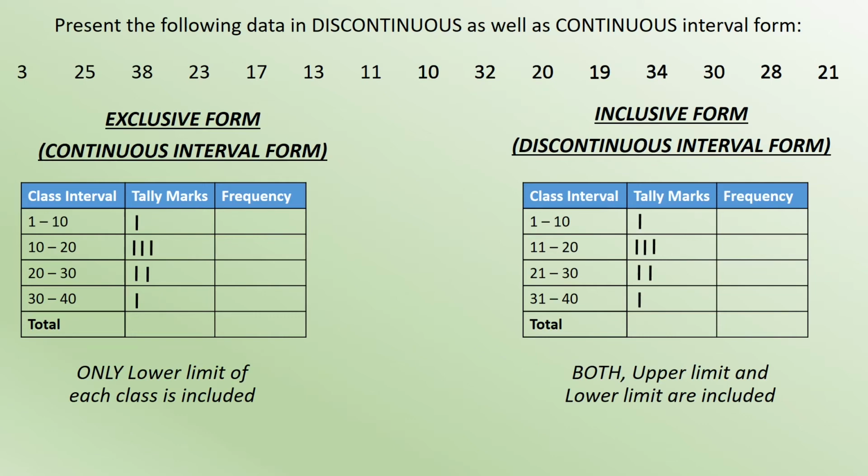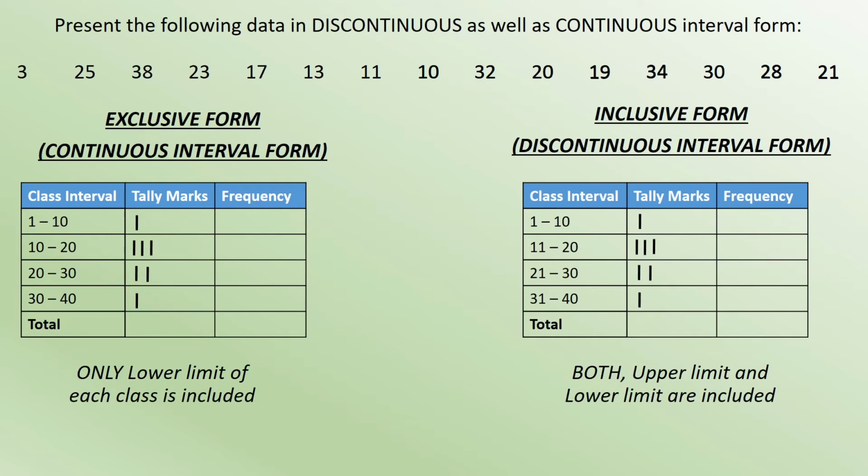Now as we have seen the difference between exclusive form and inclusive form, in exclusive form we are not counting, or we are excluding the upper limits. So for class interval 1 to 10, upper limit 10 is excluded. For class interval 10 to 20, the upper limit 20 is excluded. That means 10 is included in the second class interval of exclusive form, that is 10 to 20.